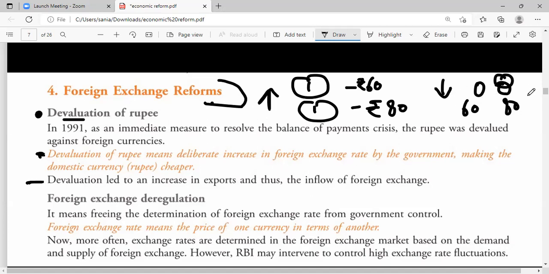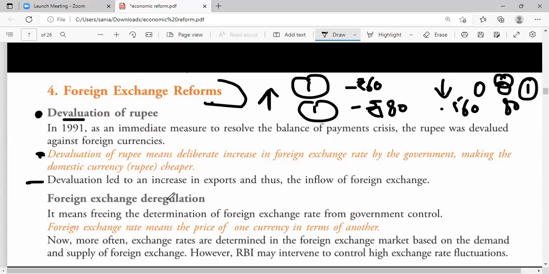They will purchase this, because for this they have to pay 1 rupee, and for this maybe 0.5, something like that. So what happens when you devaluate something, when people feel the value of that currency is less compared to our rupees, then they invest somewhere. So export increases and inflow of foreign exchange increases.